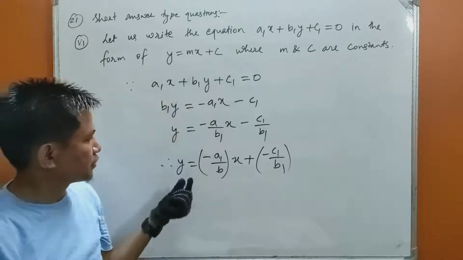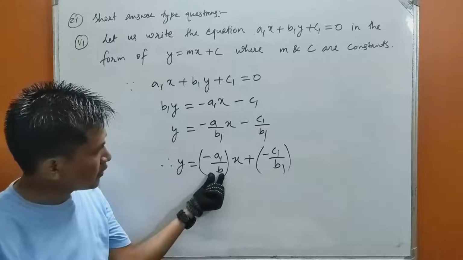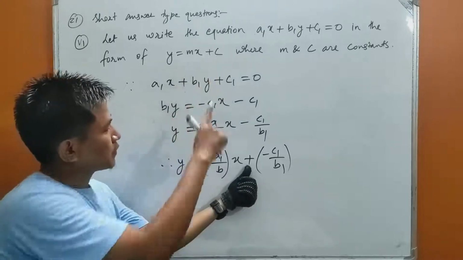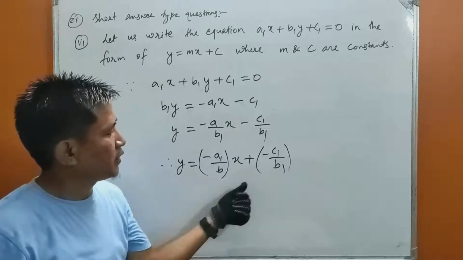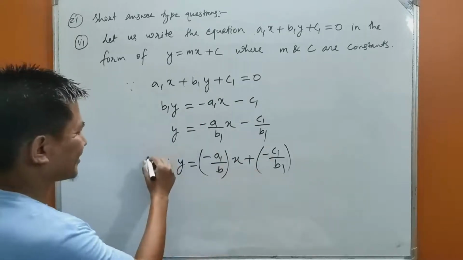Mx plus c. So y equals mx plus c, where m is minus a1 by b1 and c is minus c1 by b1. If you multiply this, plus into minus comes minus. Okay, this is the answer.